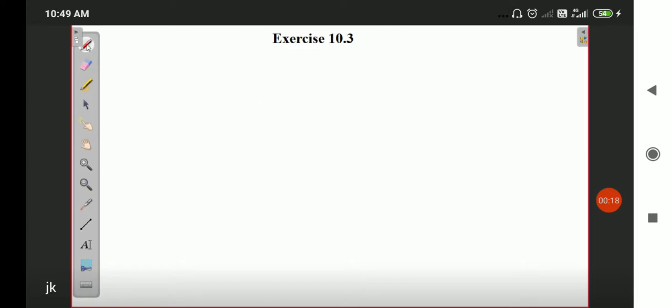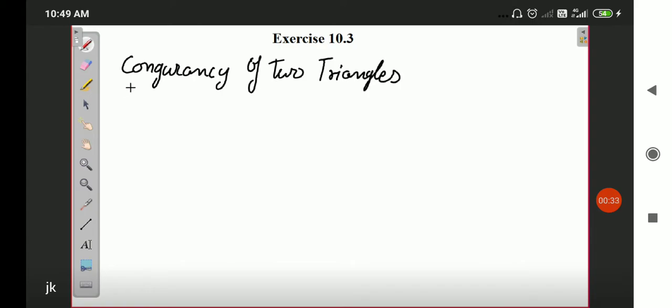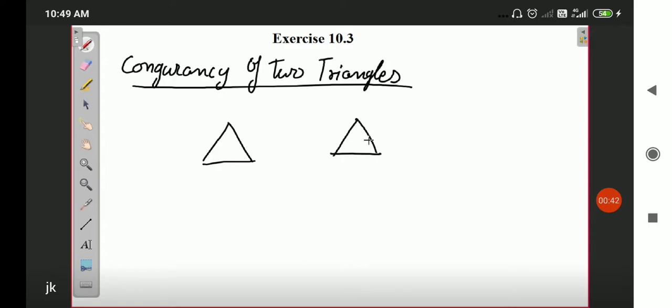In 7th class, we learned about the congruency of two triangles, for two triangles which were exactly the same, meaning all their corresponding sides were equal and their corresponding angles were equal.